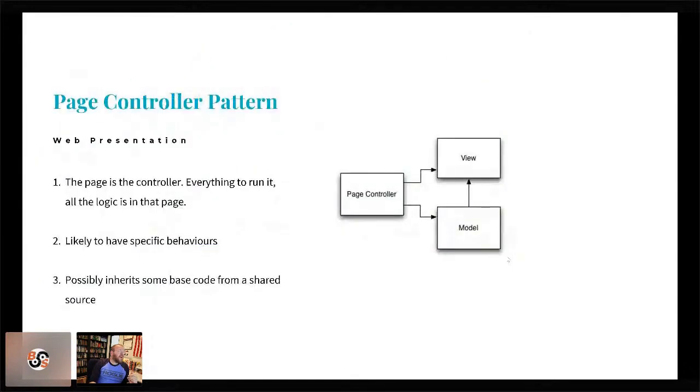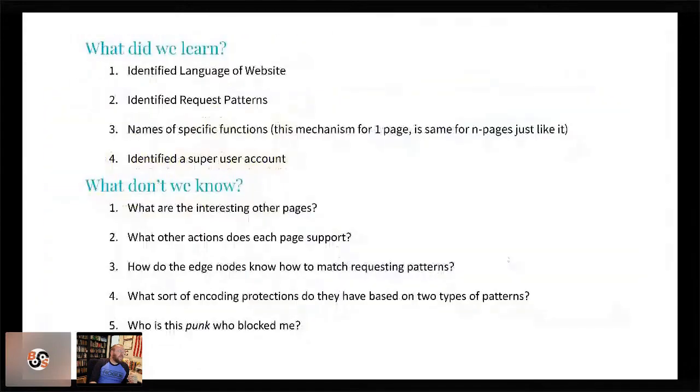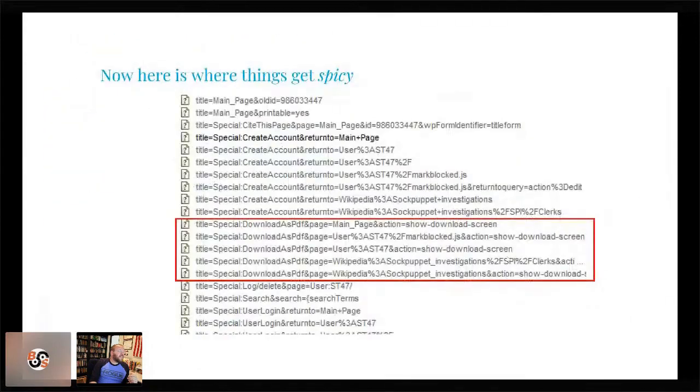So if you go back to this slide here, you'll see that if we take the assertion that this is my functional map, meaning these are my pages, the title equals what have you, everything else shows up here as a parameter. So if you're a good pen tester or bug bounty person, what you might want to do is notice that this return-to parameter exists on a lot of different pages. And so do some of these other ones.